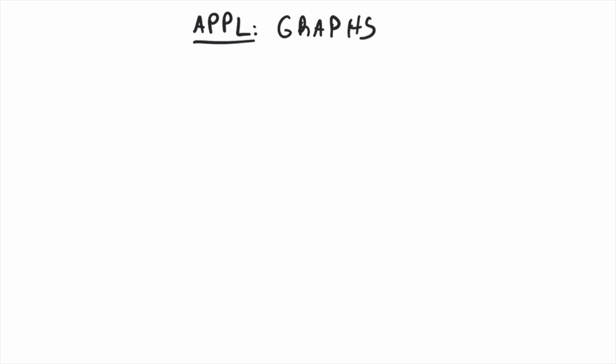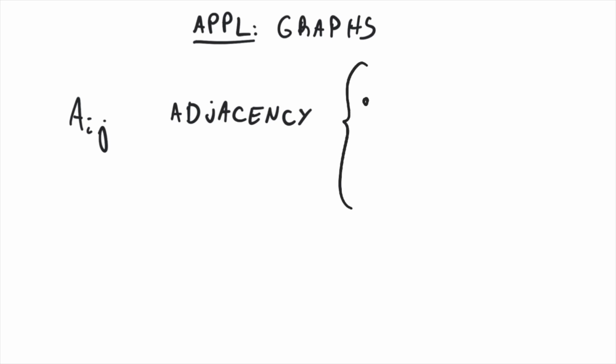Now, for example, you can use a matrix Aij to specify the adjacency matrix of a graph, right? So this would mean, for example, that we can let the element at row i, column j, be the weight of the edge between i and j, if there is such an edge.